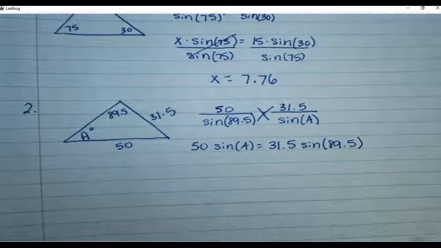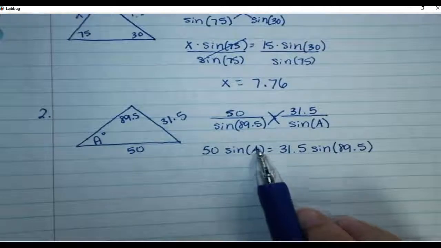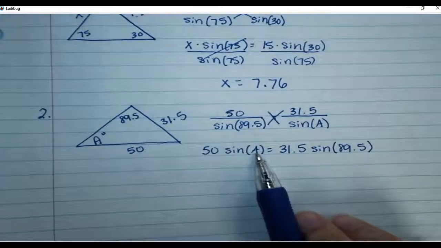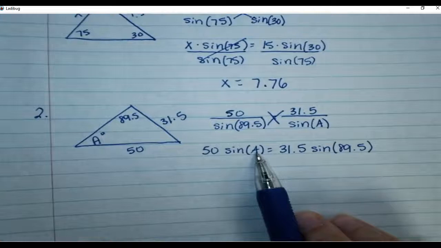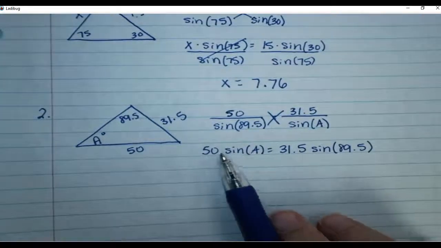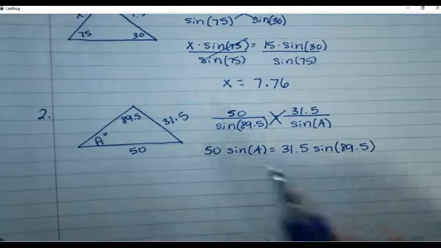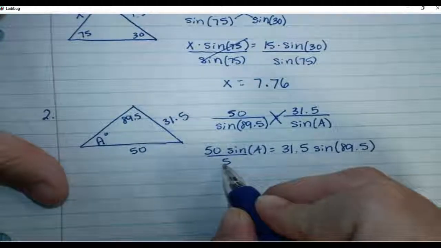So this one has a few more steps than our last one because the A is inside of that sine. So I know I'm going to have to do inverse. But before I can do that, I have to get the sine by itself. So how can I move the 50? Good. Divide.